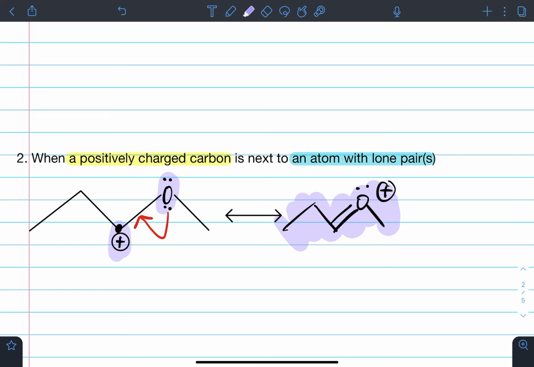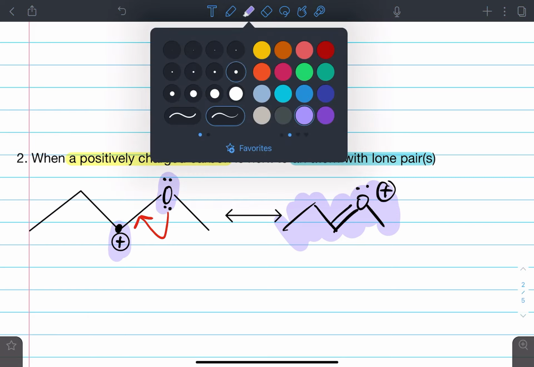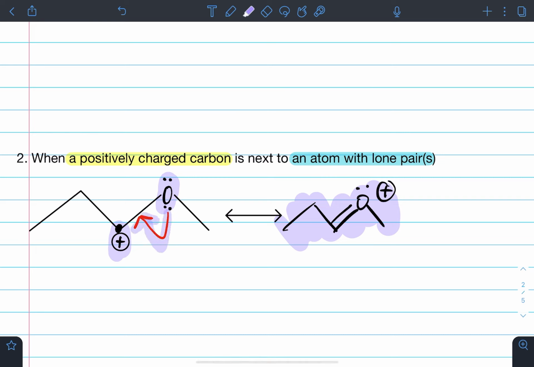Thus, I move the lone pairs to here, creating a new double bond. Thus, I changed the charge of this oxygen from neutral to positive, and then the charge of this carbon from positive to neutral. Okay, perfect.